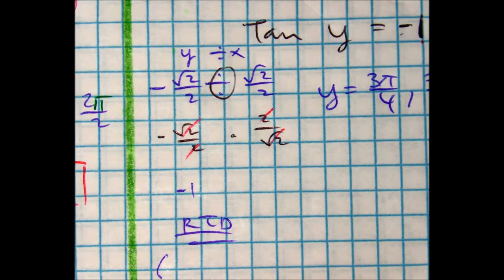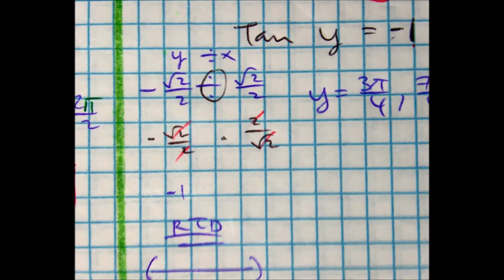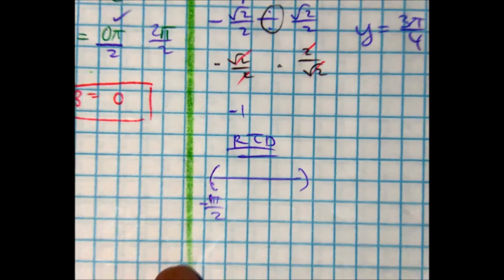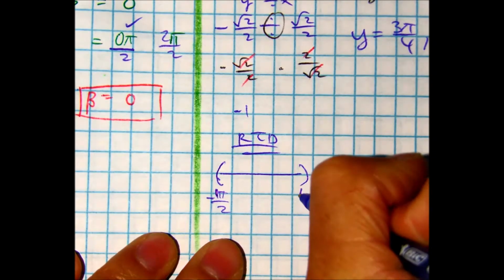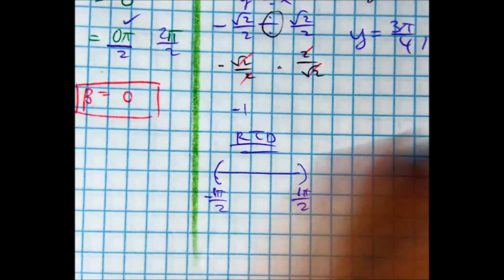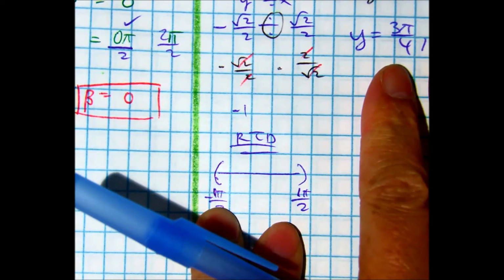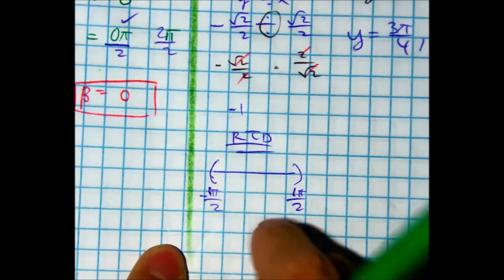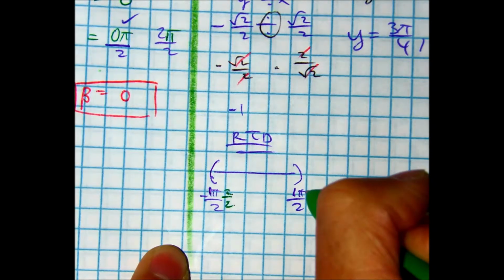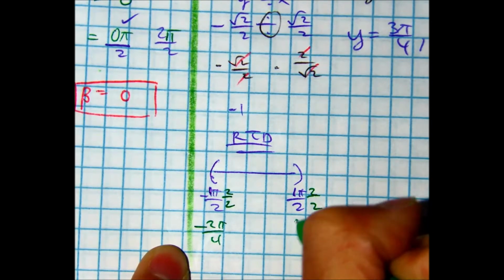What do I write there? Negative pi over 2 and pi over 2. Okay, so I have -1. You can't see that. -1 pi over 2 and positive 1 pi over 2. I need a common denominator. Class, what do I do for a common denominator here? Multiply by 2. Yeah, we're going to multiply this one by 2 over 2. So it gives us -2 pi over 4 and 2 pi over 4.